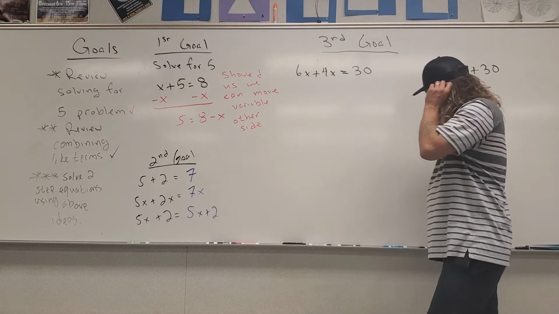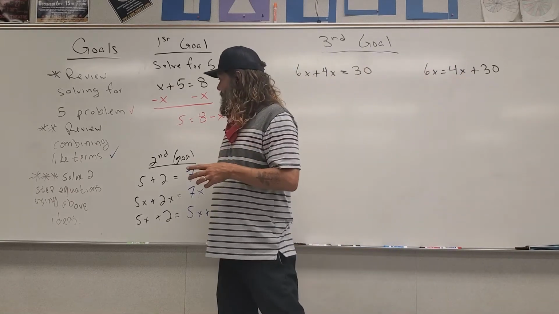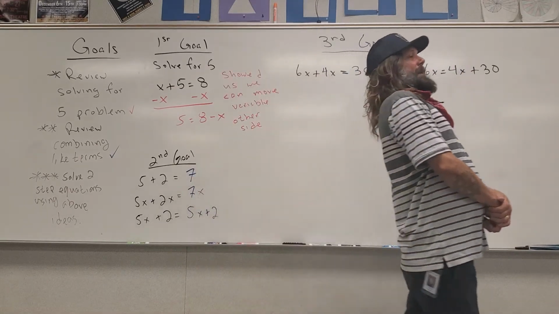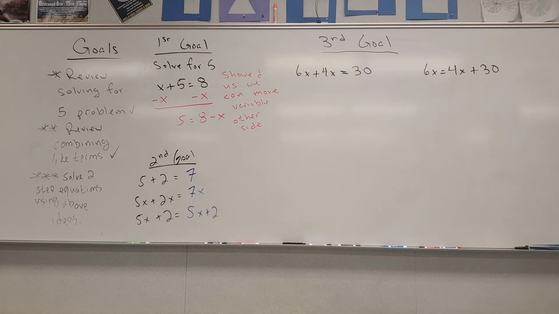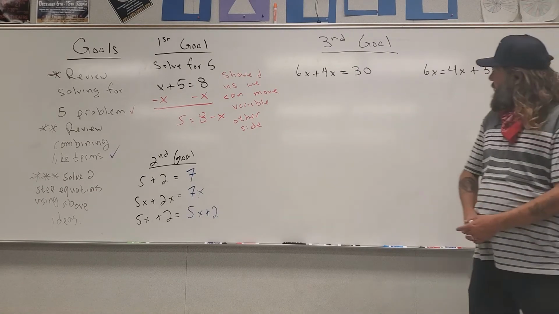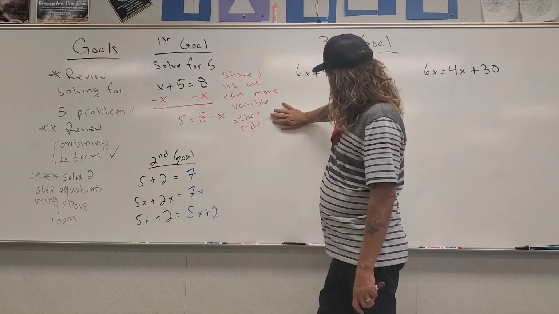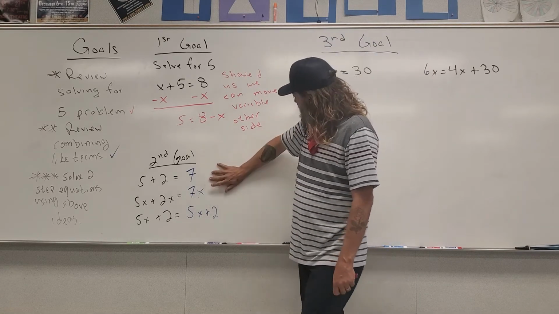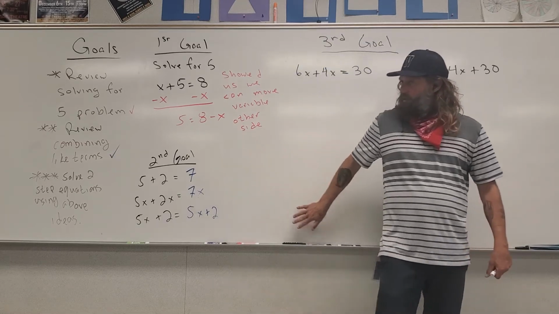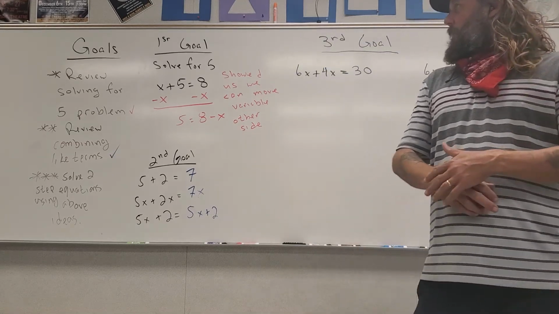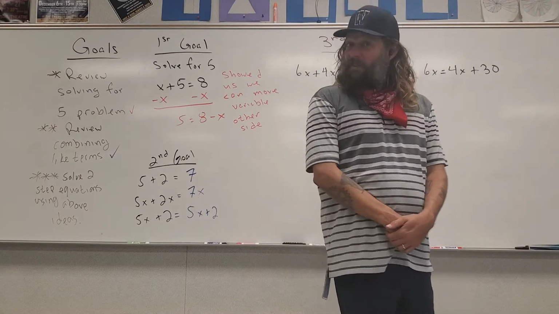Okay, let me find a nice third colored marker. Remember, we're using either the first idea, which shows that we can move the variables to the other side, or the second idea that shows that we can combine like terms. Remember, up to this point, we also realized that division is the last step.